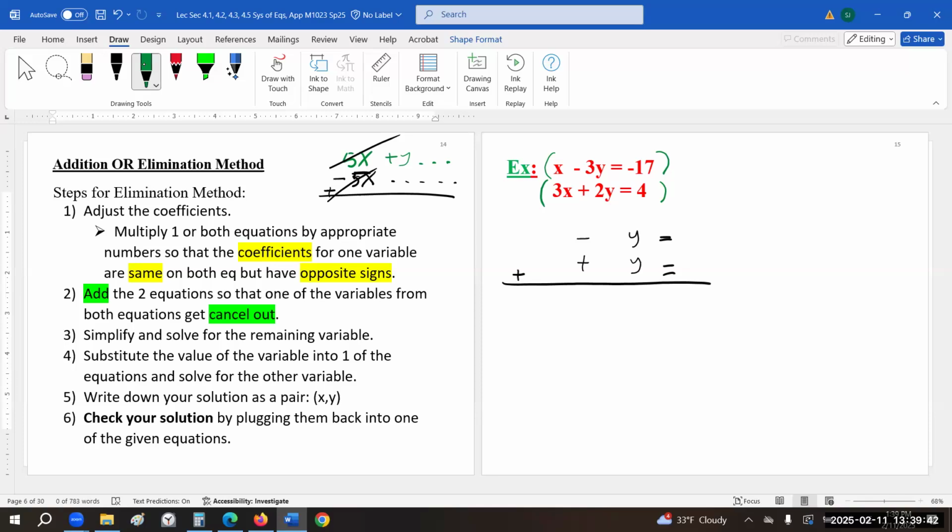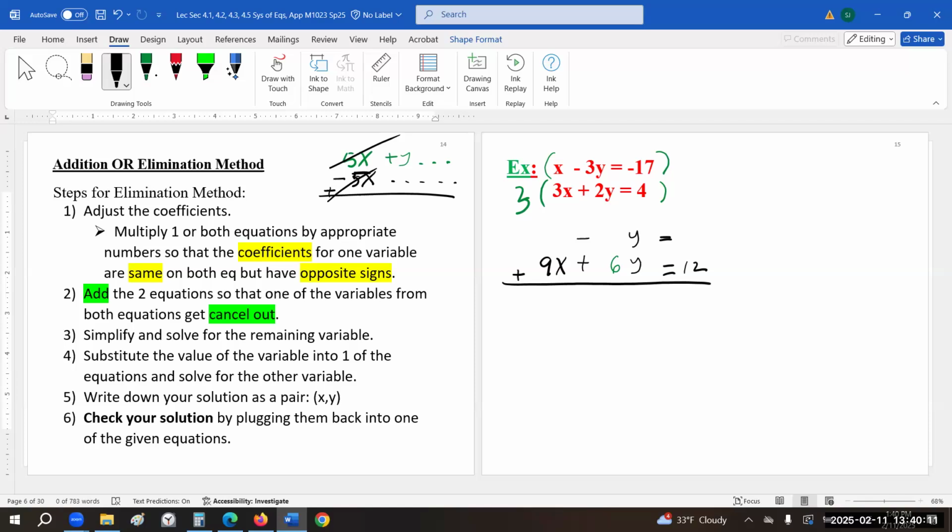You're going to multiply the second one. If you multiply the entire second one by 3, this becomes 6y, right? So we have 6y, and then the x becomes 9, and the 4 becomes 12.